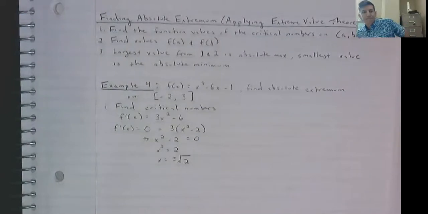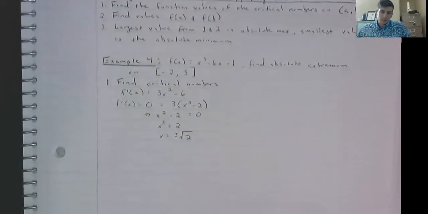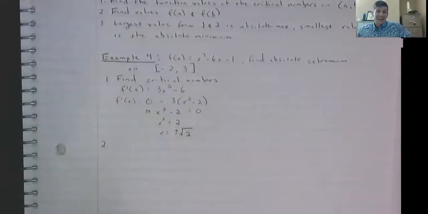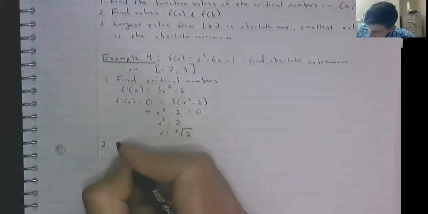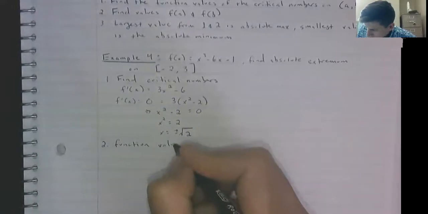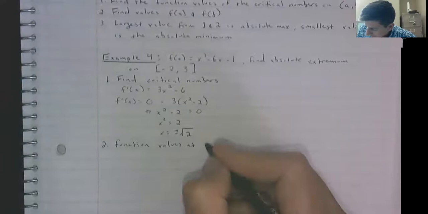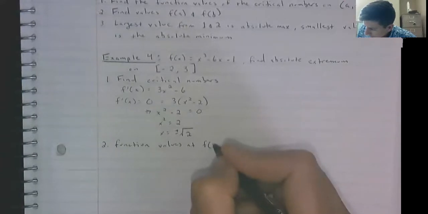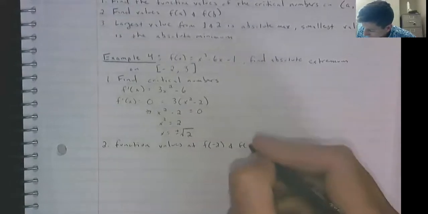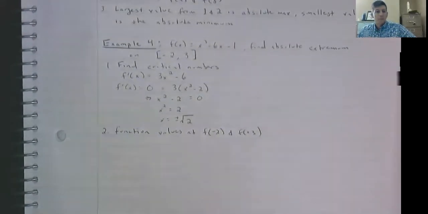Okay. Now, as I'm writing these, this is fine to do these steps. Especially on the AP test, it's sometimes nice to clearly display your work, or just succinctly. So the function values at f of -2 and f of 3, positive 3. But here's what we're going to actually do.